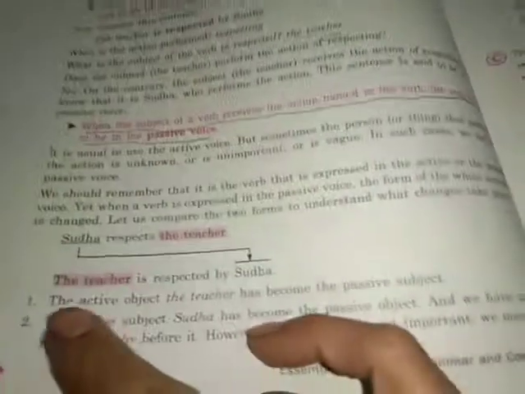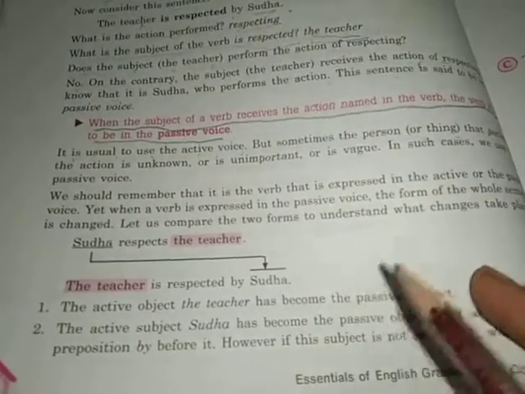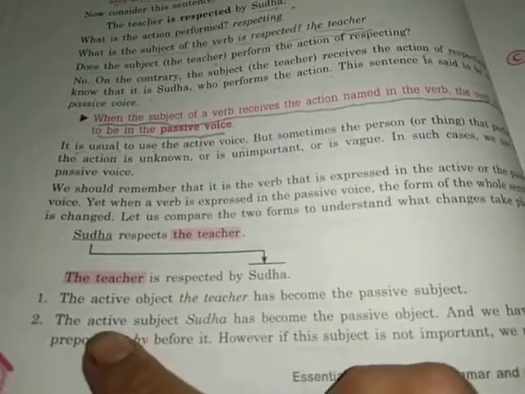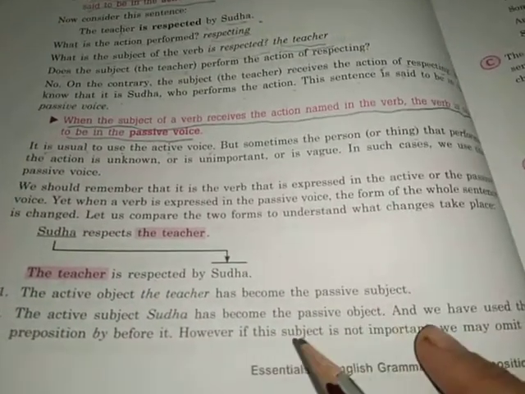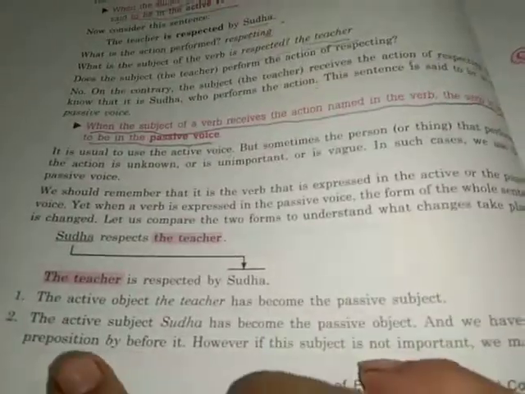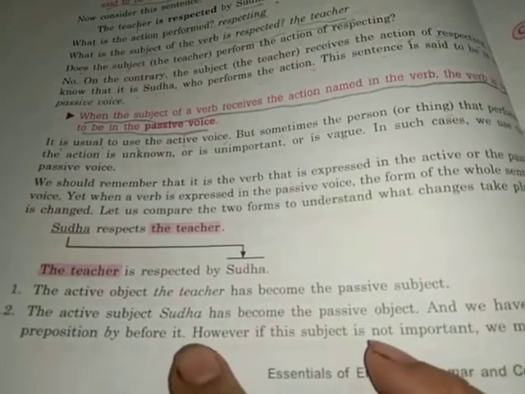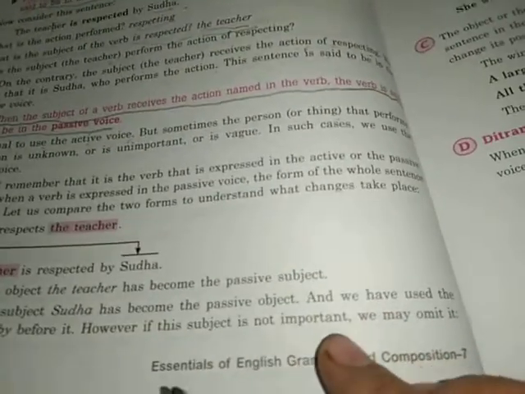Now the active object, the teacher, has become the passive subject here. The active subject Sudha has become the passive object, and we have used the preposition by before it. Preposition by पहले use हुआ है. However, if this subject is not important, we may omit it, right?